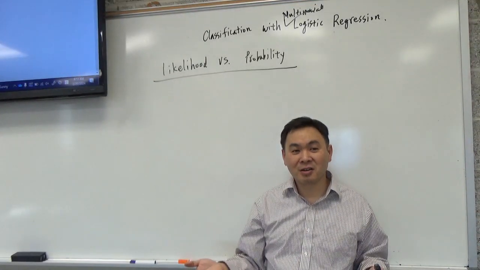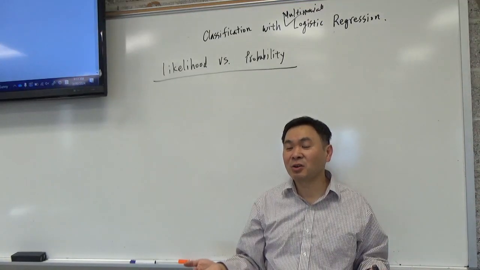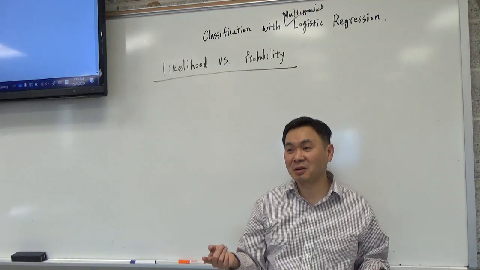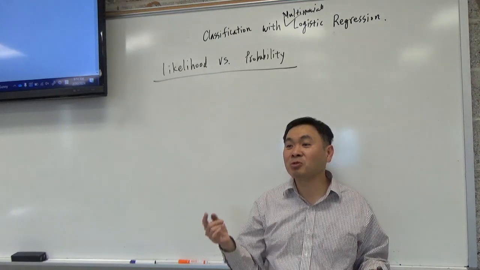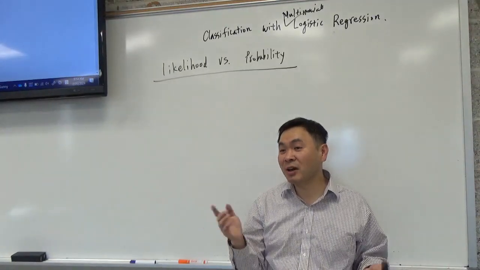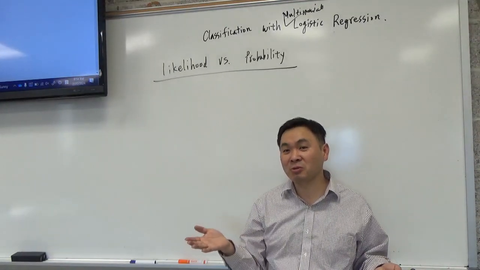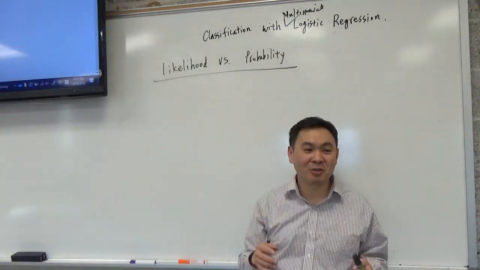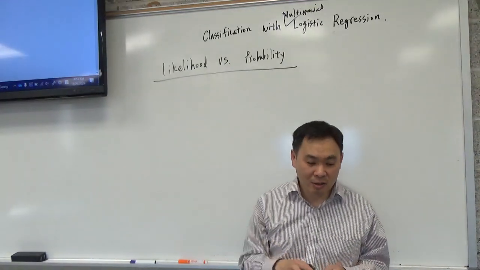Then you ask, what was the original probability? Then the most likely probability would have been 0.33, or 0.67 for the heads. You get what I mean, right?